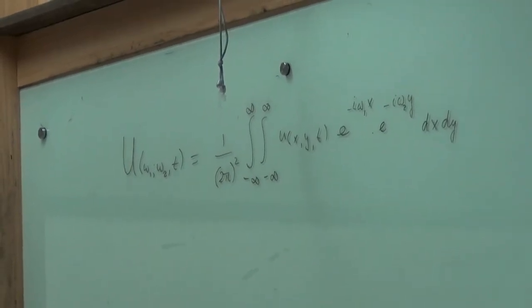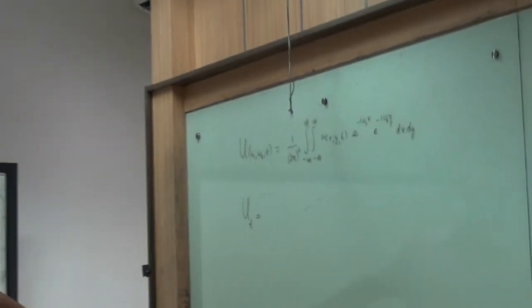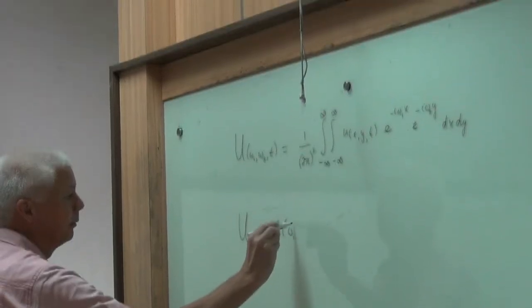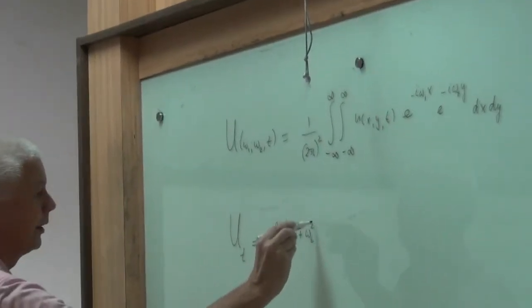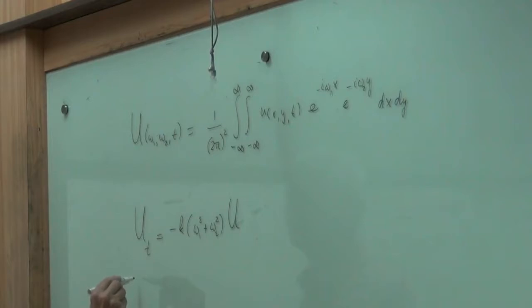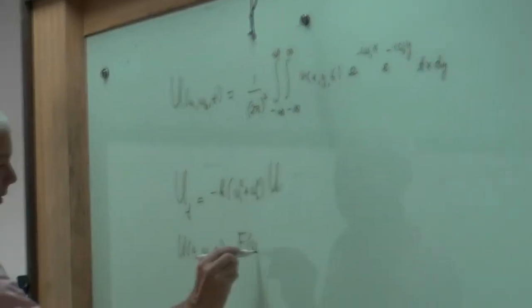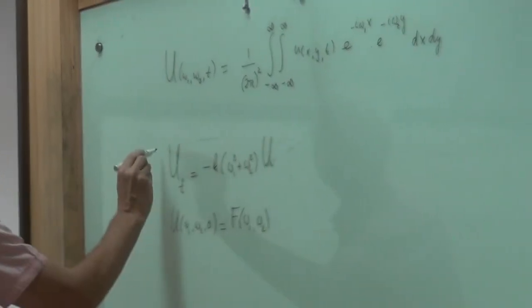Okay, so now I have to solve the problem. U_t is equal to minus k times omega 1 squared plus omega 2 squared times u, and u(omega 1, omega 2, 0) is f(omega 1, omega 2).